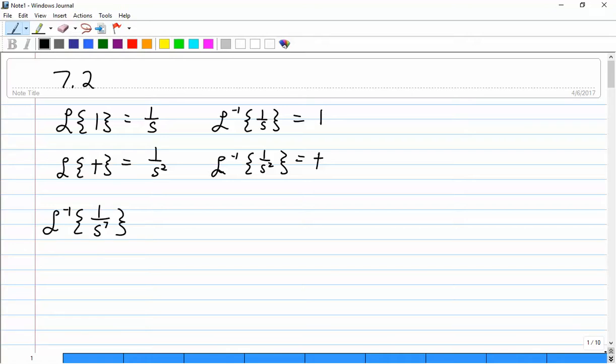All right. Our formula was what? When we take the Laplace transform of t to the n, we get n factorial over s to the n plus 1. So I could say that's equal to, and I'm going to leave a little room in front, and you'll see why in a second.